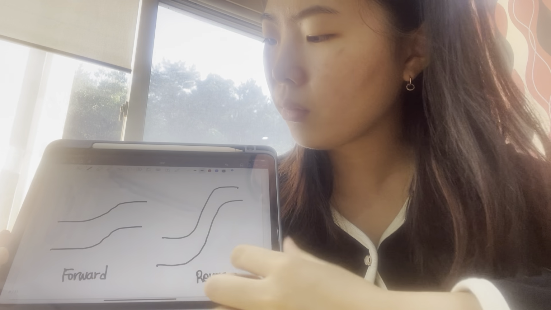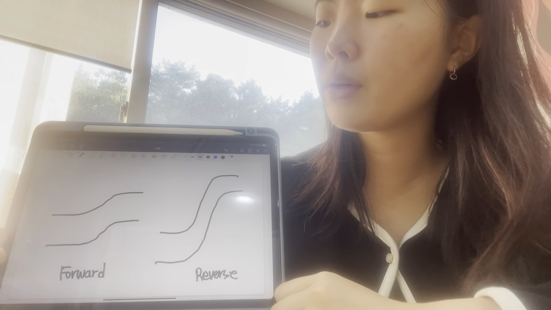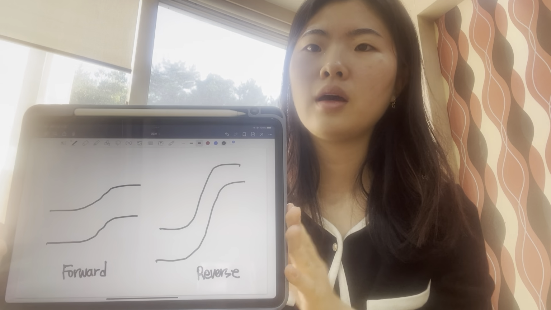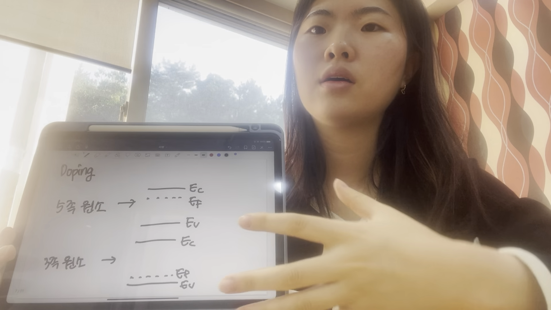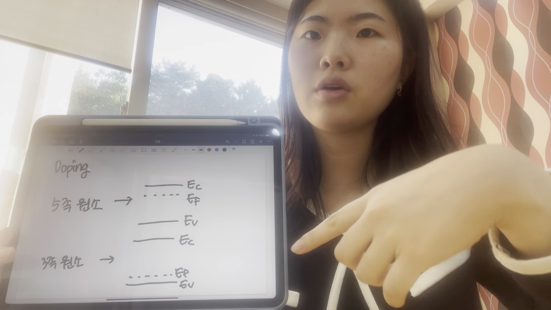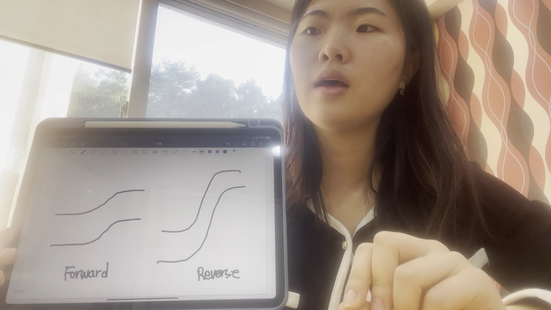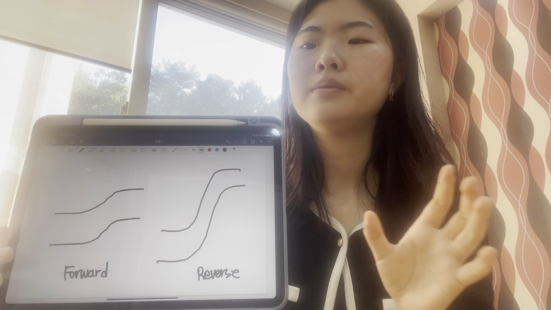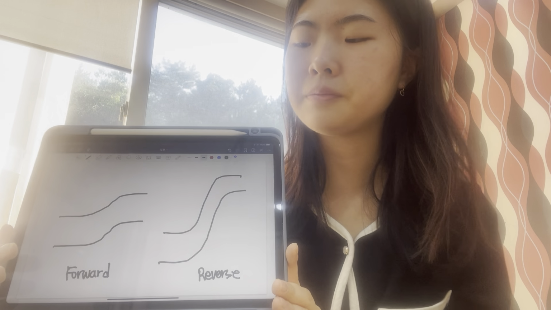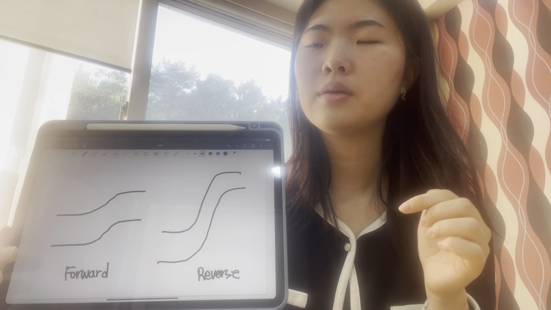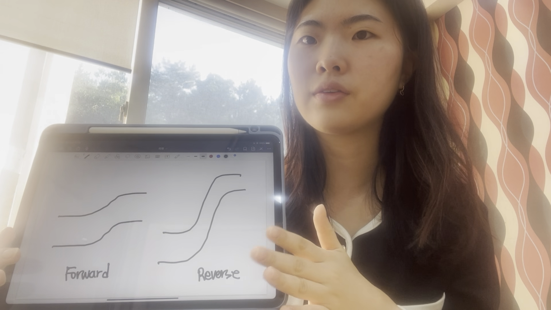So yes, and then let's talk about the energy band gap. We make two types of semiconductor, and then we connect them like a PN diode. After we make a PN diode, we put some voltage in here.